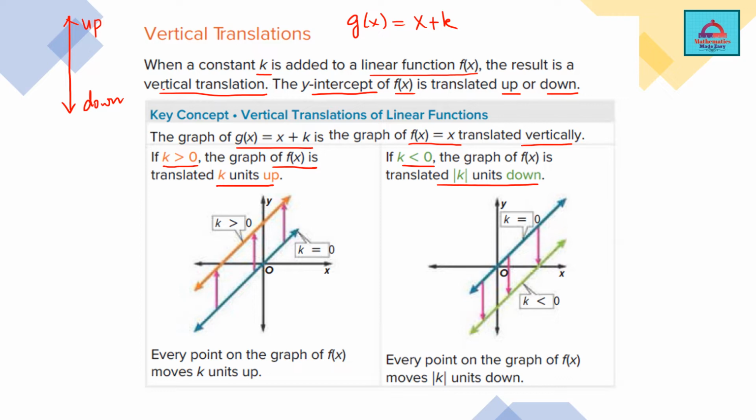So here you can see this is the blue graph, the original parent function, which is the identity function. Similarly here this is the graph, and if k is positive it moves up, so you get the orange graph. If k is negative it moves down, so you get the green graph. So this is called vertical translation.